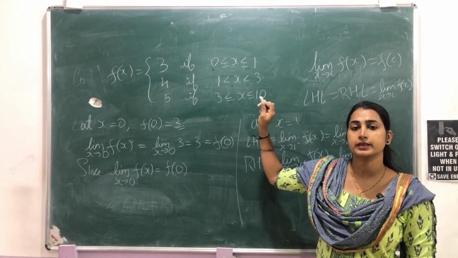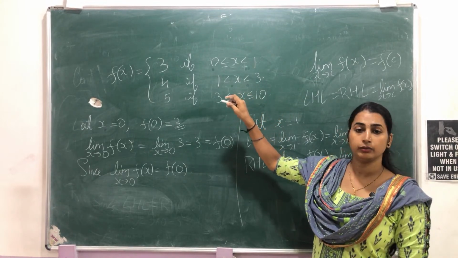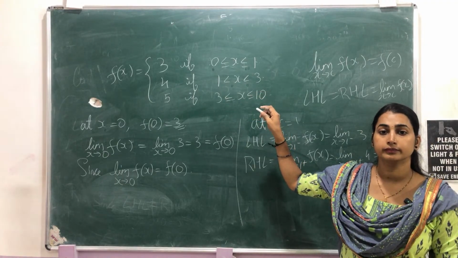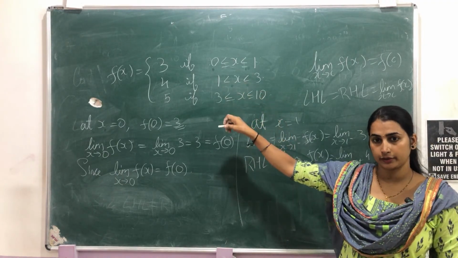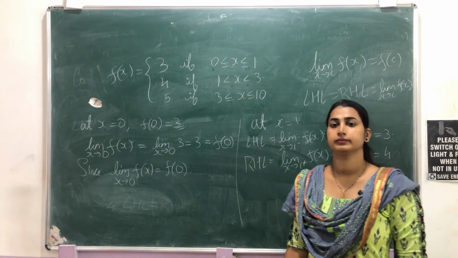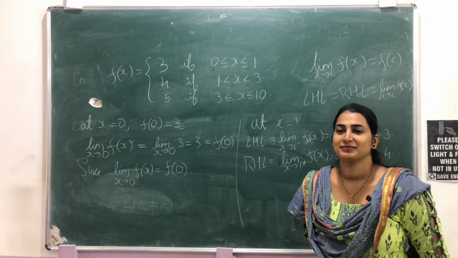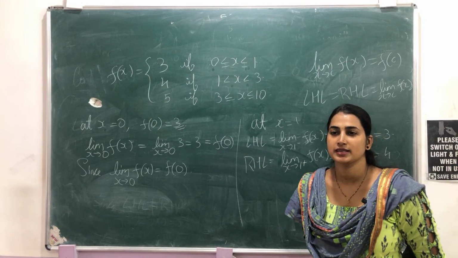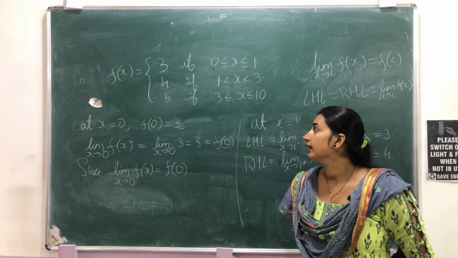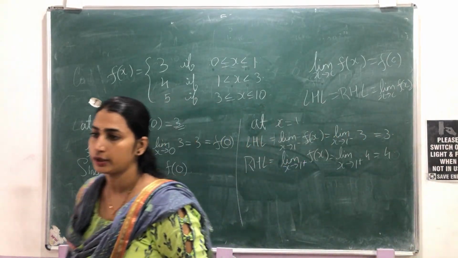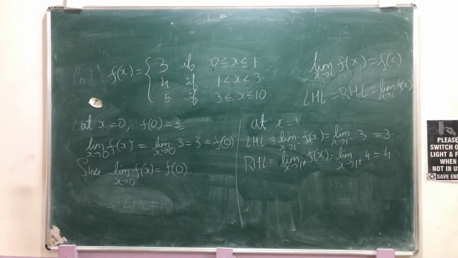What are the points of discontinuity? X equal to 3 and x equal to 1 are the points of discontinuity.